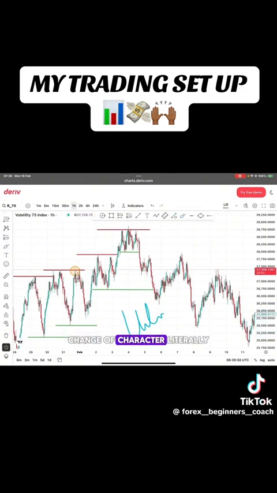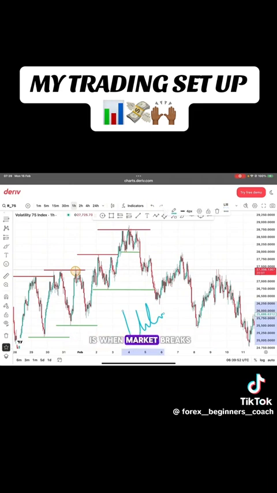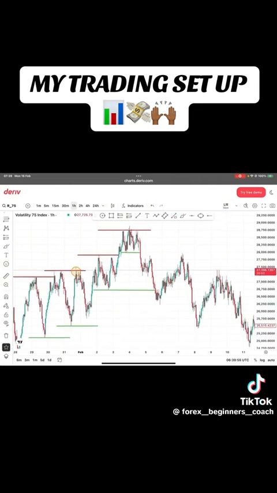Okay, change of character literally is when the market breaks two higher lows. So this is my first higher low, and this is my second higher low. So this is the point where there is a change of character. I'm just going to move this circle because I've already explained why I placed it there. So this is my change of character. I hope at this point you understand what I'm saying.